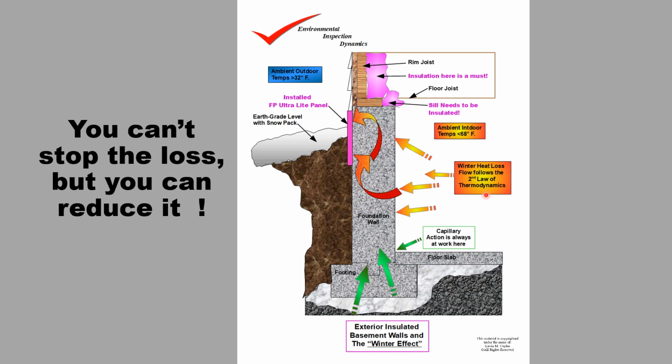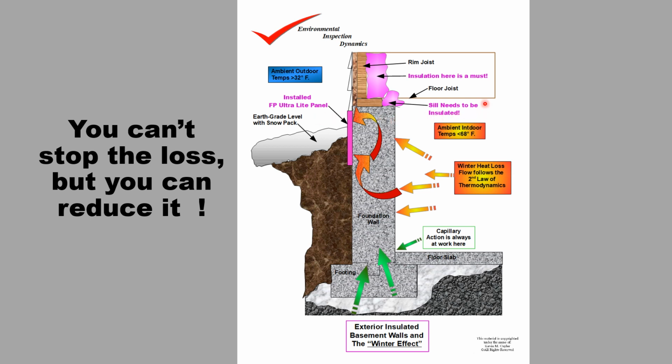Winter heat loss flow follows the second law of thermodynamics. Let's look at this. It's going into the wall, through the wall, and it goes boink, boink, boink. It's trying to get out. It will eventually get out. Now, what you see there is an installed FP ultralight panel. And we're going to see more on how those go in, because that's what you're going to learn about in this installation education.